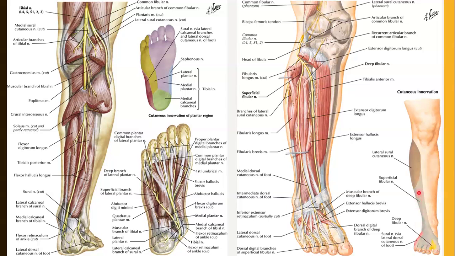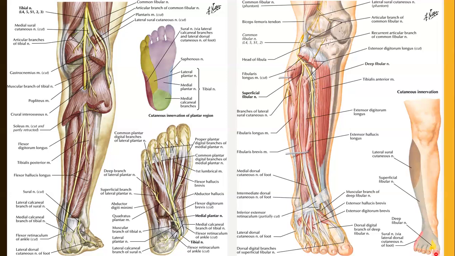The superficial peroneal nerve, also known as superficial fibular nerve, will supply the distal lateral aspect of the leg, as well as most of the dorsum of the foot, except the nail beds of the toes.